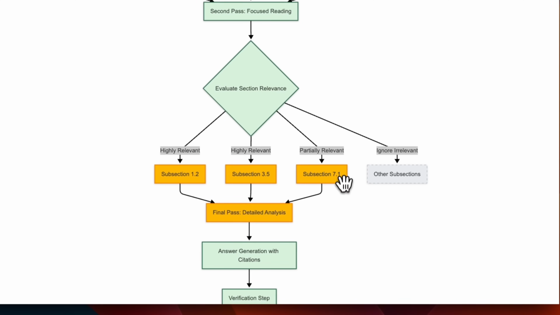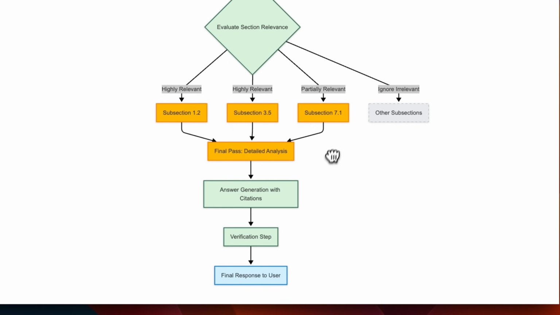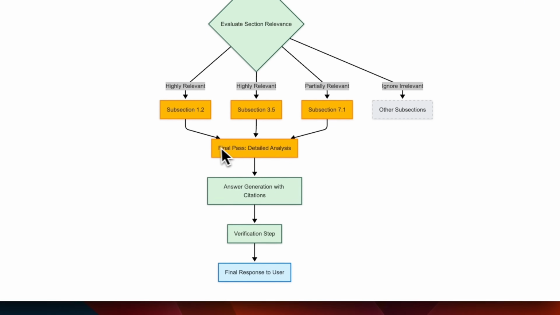And we repeat this process at multiple depths. That is a hyperparameter that is going to be controlled by the user. At the end, we're going to end up with subsections. These can be paragraphs, which are going to be used by the system to generate the answer. And then there's a final verification step, which makes sure that the answers we are generating are actually grounded in the text that we selected.